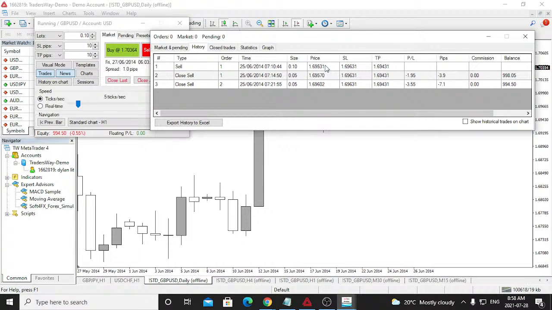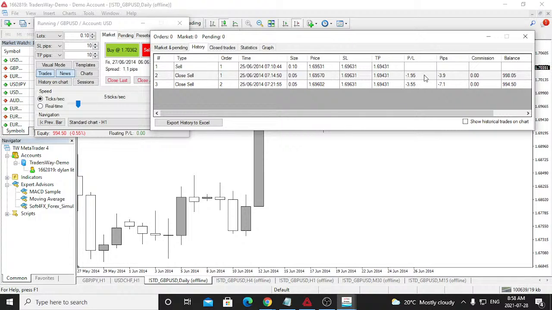So what had happened exactly was I took a sell. As you can see here, I opened up a sell and I closed 50% of that sell as price got to, first it was around 4 or 5 pips, right?